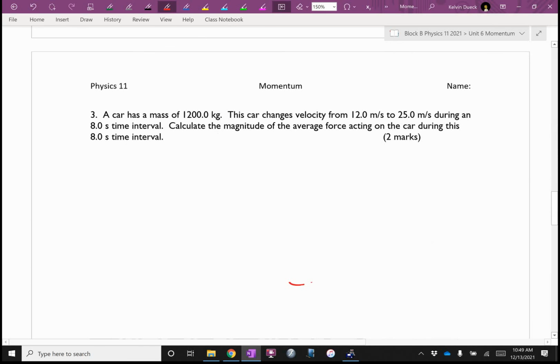Oh, sure, something like number 3. I knew I had done one like that. They want me to find the average force. There is enough information that you could find A and go F equals MA. But what I would probably do is go force times time equals MV final minus MV initial.